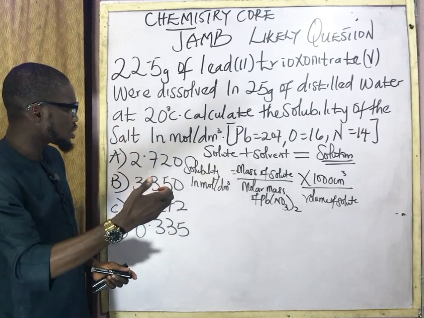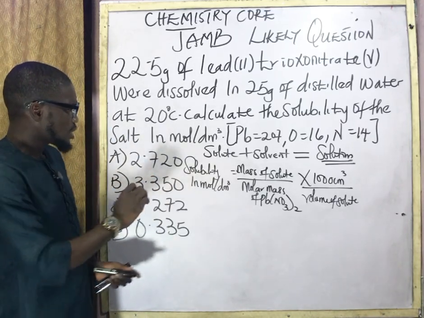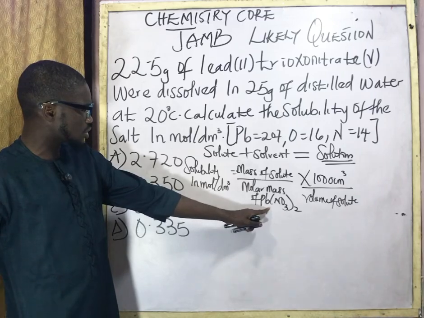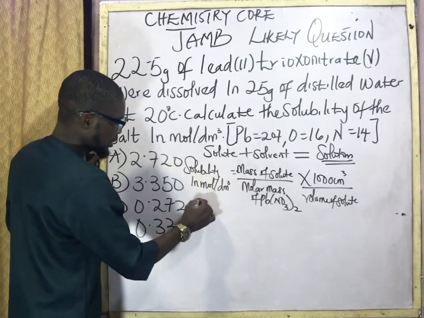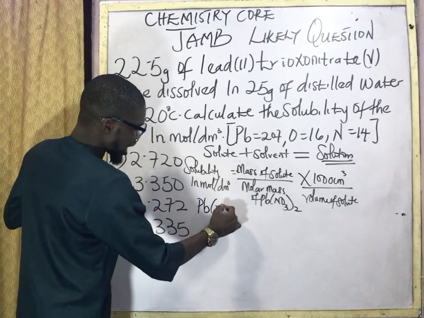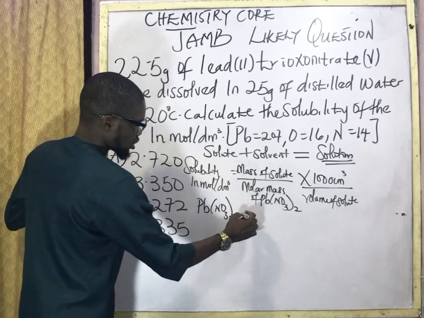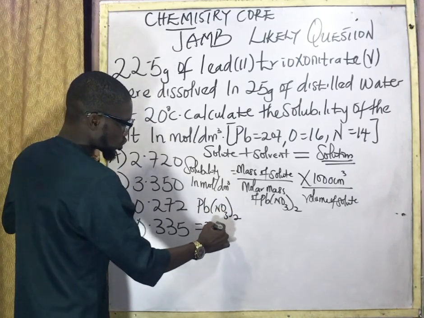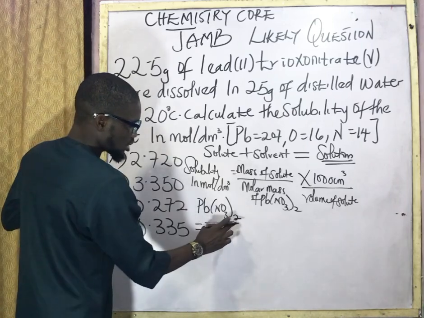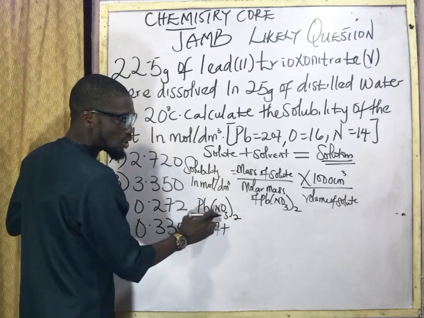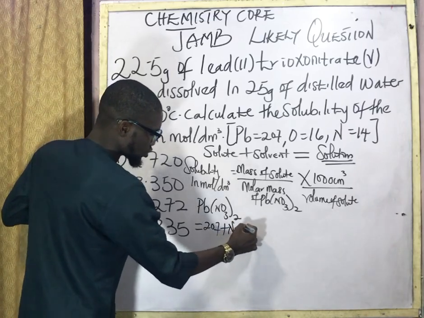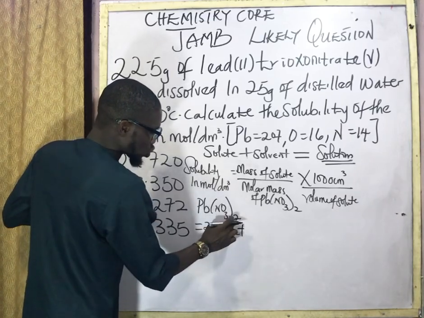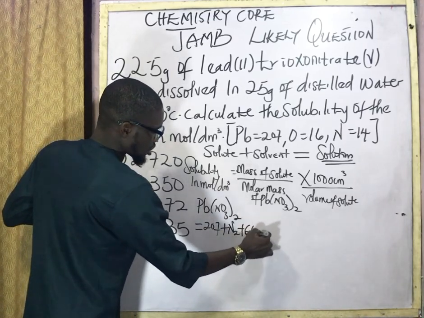Now, the next thing to do is we have to calculate the molar mass of this lead(II) trioxonitrate(V). In that case, we said Pb(NO3)2. What is our Pb? 207 plus, these two will open the bracket of this particular compound, which is nitrate, and said N2 plus 3 times 2 is 6. We have 6 oxygen.